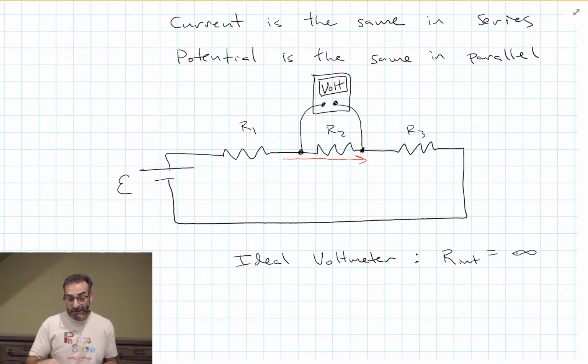It all goes through the resistor it's hooked up to in parallel. In the real world, we don't have voltmeters with infinite internal resistance, but they are pretty high. And so a really good voltmeter will have a very high internal resistance, and it will have very little effect on the circuit it's measuring. But it always has a little bit of an effect.